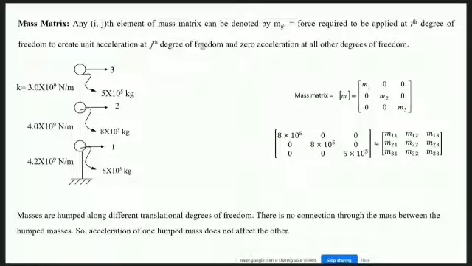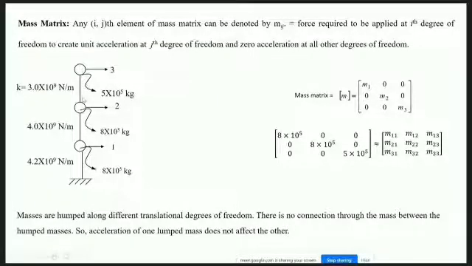So now these lumped masses are not connected by any link which has mass. Therefore, while writing the mass matrix, if I just look at the mass, then there is a mass here, there is a mass here, and then at the top there is another mass.